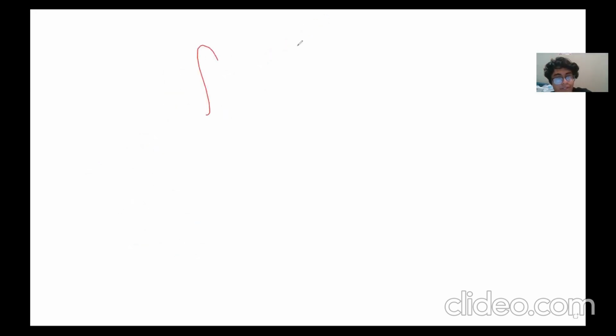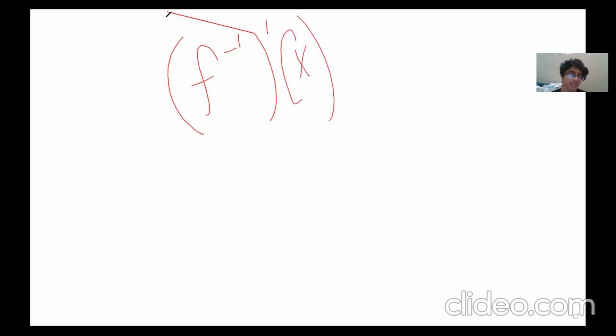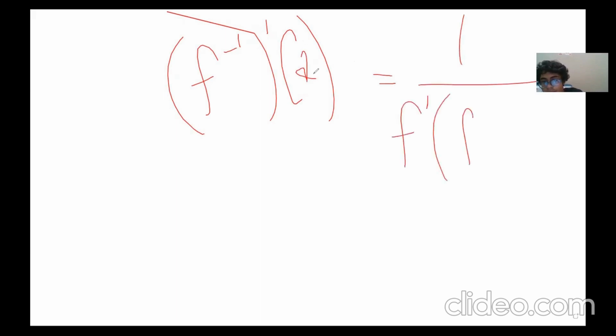Instead of having to do this entire process of taking f of x and making the inverse function using those swap the y and x tricks, if you want to find this, all you have to do is use the simple formula. And I'm going to plug in some value here. So let's say a is here. And it's simply 1 over f prime of f inverse of a.